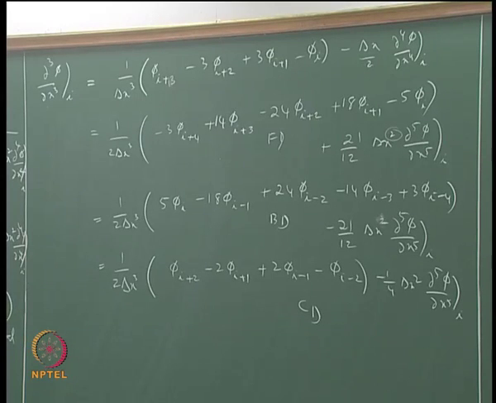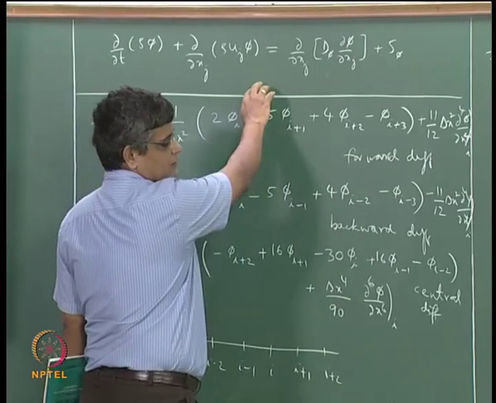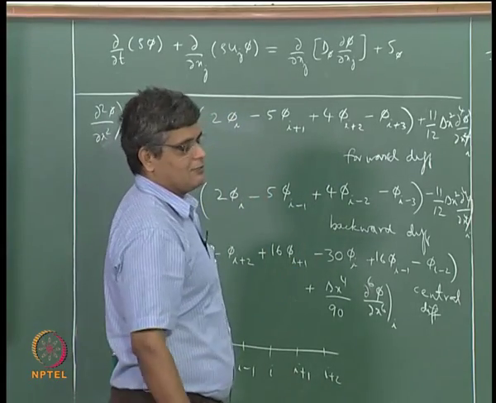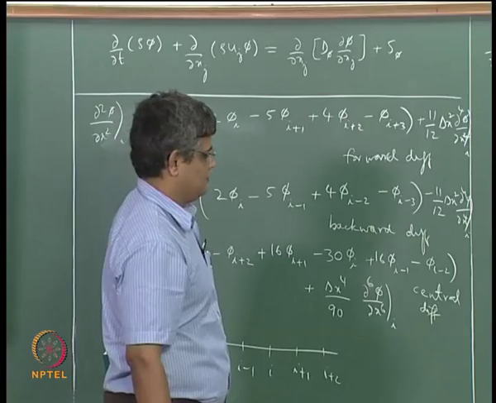Okay, so in that sense we will be able to convert using systematically these finite difference approximations a given partial differential equation at a particular point into an algebraic equation.